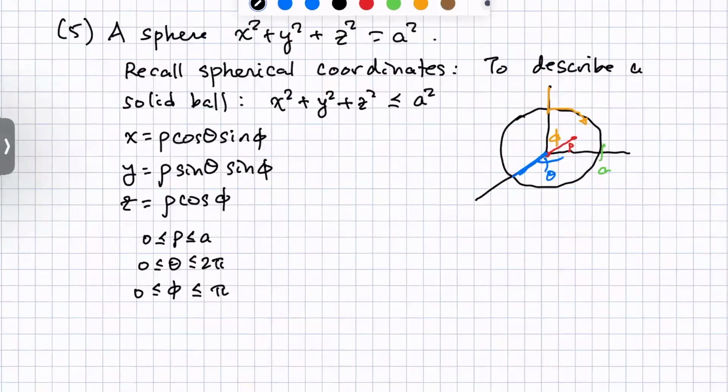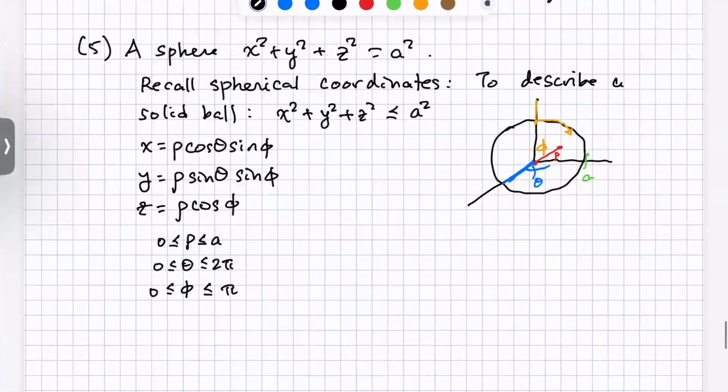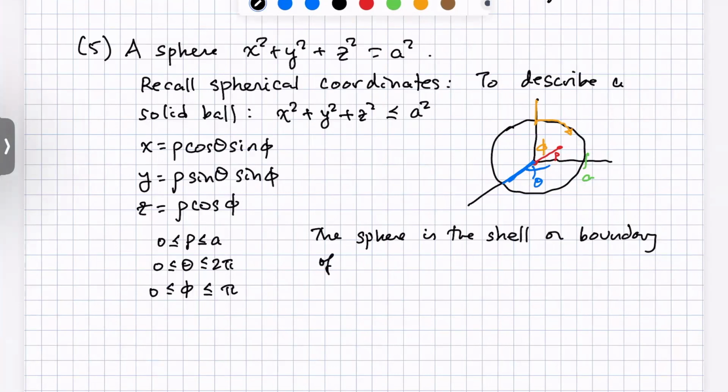Now, if I'm not interested in the solid ball, and we're just looking at a sphere, which is just the shell, the boundary of the ball, then rho is always a.